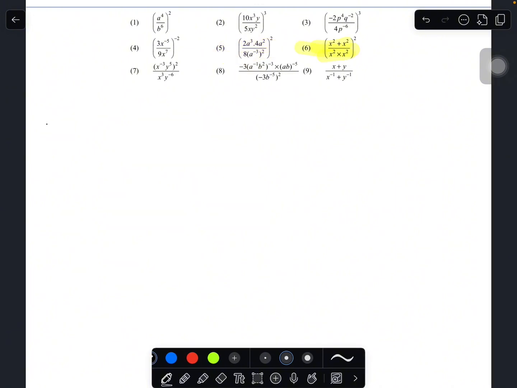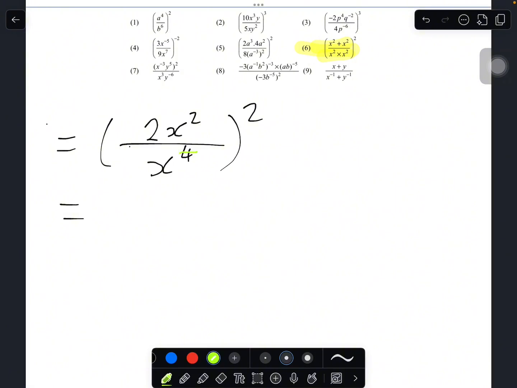Working with this question 6, it's a bit different, this one. So let's first start off by working within our bracket. On the top I have 2 like terms, so I can add them up. And the bottom I'll have x to the power 4, and now all of it is squared. I can now work with these x's because they are like bases and I'm dividing, so I can subtract the exponents. But when subtracting the exponents, you should ask yourself which exponent is higher here. And that's this 4.